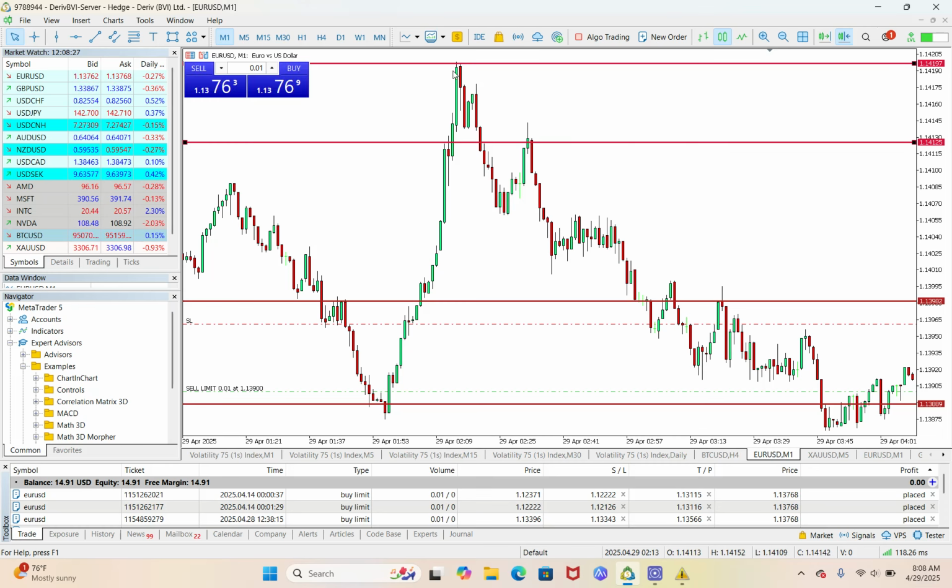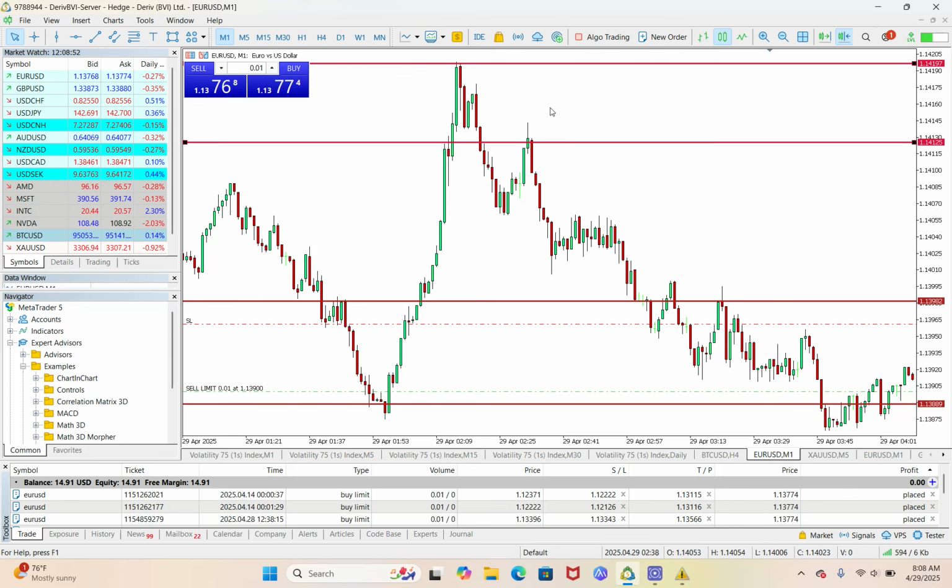Here is a structure, but the move to the downside is not strong enough sell pressure, and the market already pulled back into this area. So chances are, if the market comes back to this area, it might work out, but I'm not taking any chances.